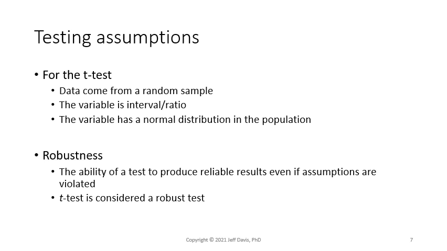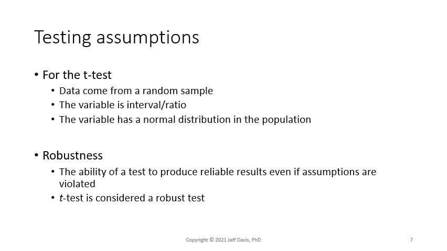Now, having said all of this about the importance of your test conditions meeting the test assumptions, one thing we do want to keep in mind is that even if the assumptions are not perfectly met, the t-test can still give you a reliable result. In that case, we would say that the t-test gives you robust results.